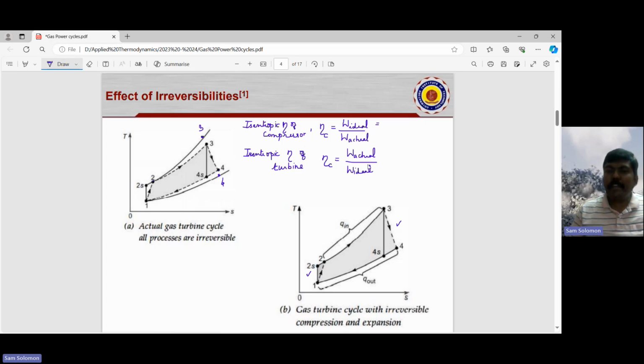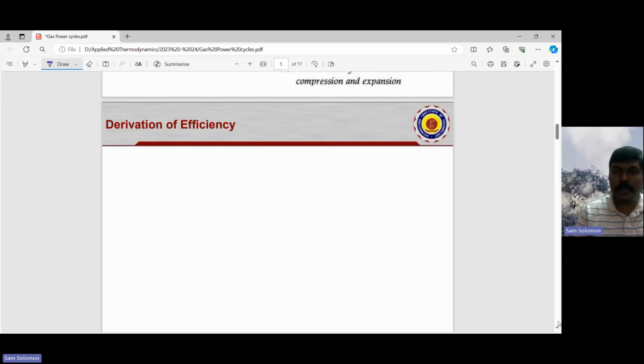So let's define, sorry, the subscript is supposed to be T. It is the isentropic efficiency of the turbine. So it is W actual divided by W ideal. Okay, so let's look at the derivation of the efficiency, and then let's come back to this definition of the isentropic efficiency of compressor and turbine.